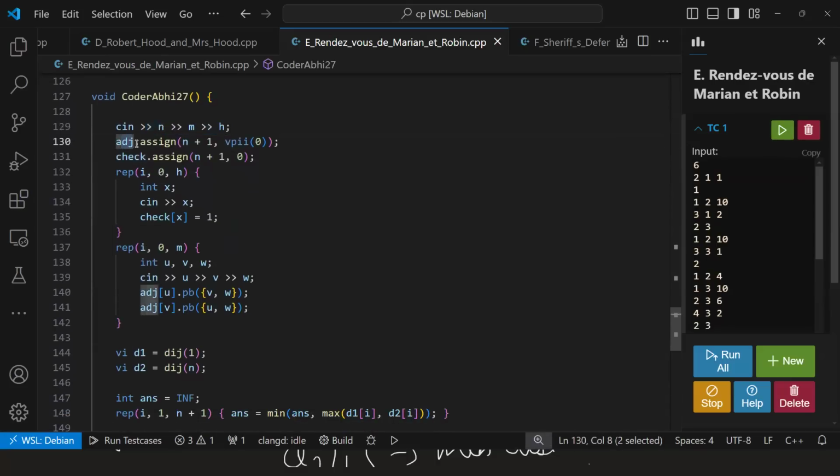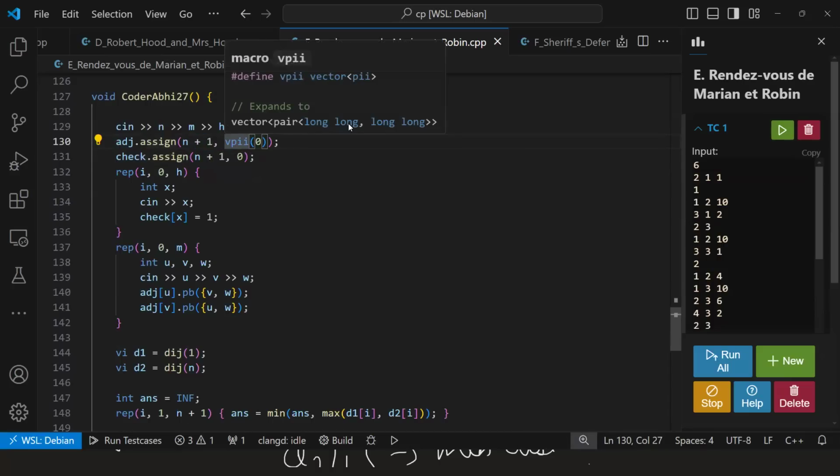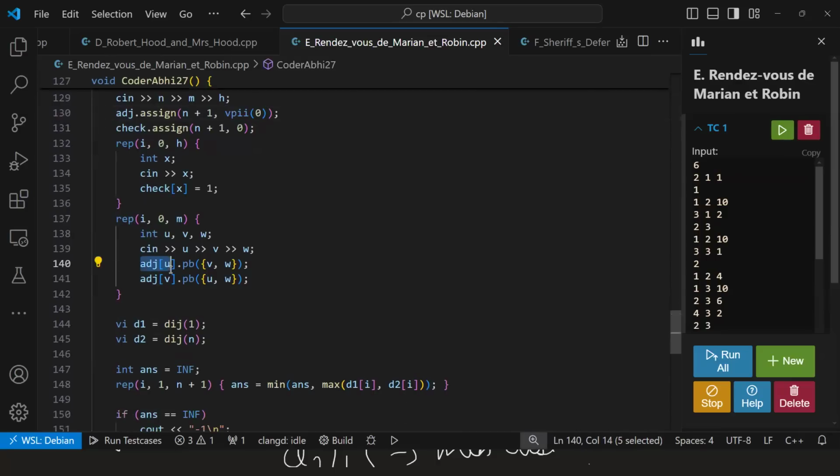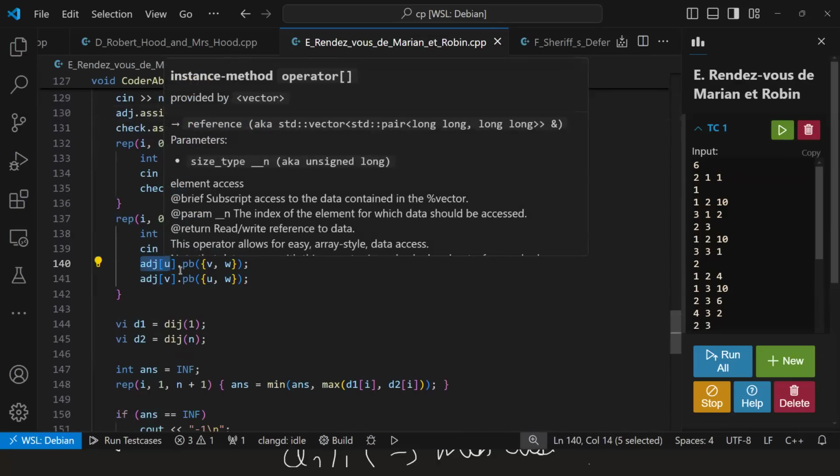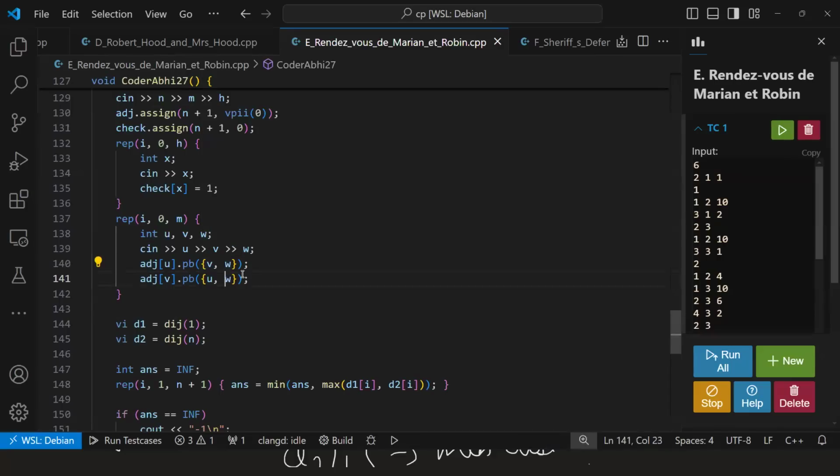I just assigned this adjacency list. So I'm forming the adjacency list, N plus 1, this is a vector of pair. For a weighted graph, you may know we form a vector of pair to store it. So my adjacency of u would have a list of all the edges comma weights. This way I'm taking my input u v w.